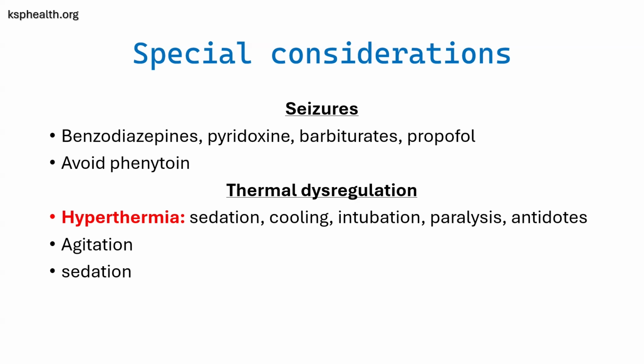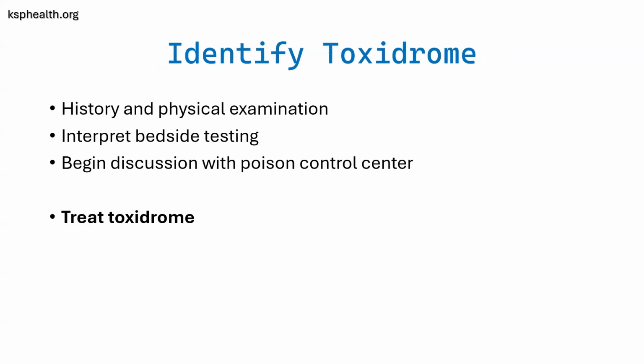And thermal dysregulation: check the temperature. If the patient is hyperthermic, sedate, cool, and intubate with paralysis, especially in neuroleptic malignant syndrome, and use antidotes and treat agitation with sedation. As soon as you do A, B, C, D, control the seizures, and identify and treat hypoglycemia appropriately, categorize the patient's clinical symptoms into one of the toxidromes.